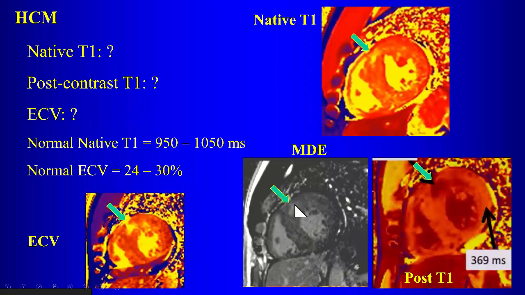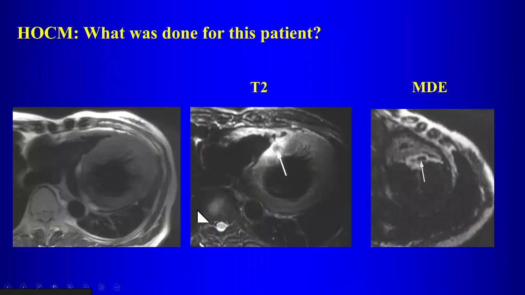So you can see on the delayed enhancement there, the native T1 is high, right? The yellow is indicating a high value, and that's where you're getting the delayed enhancement also. And then after contrast, it actually goes down, which is why it's dark, okay? So up, down, up, all right? So that's what we see with hypertrophic cardiomyopathy.